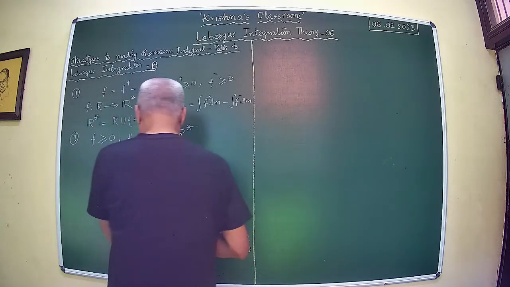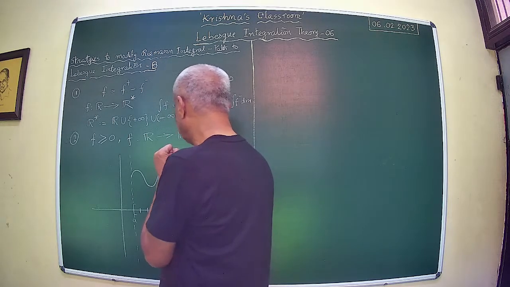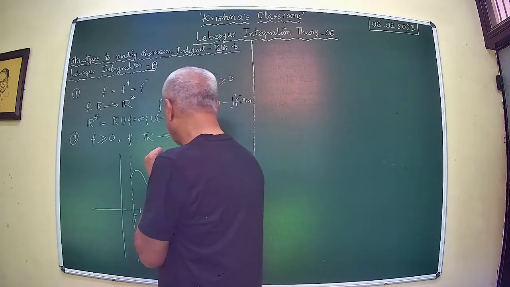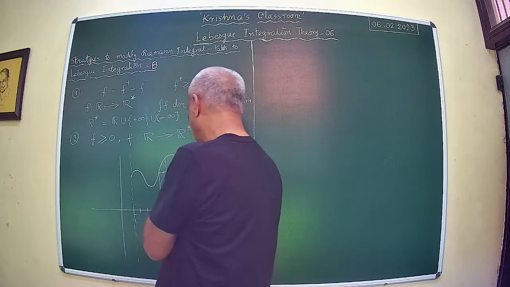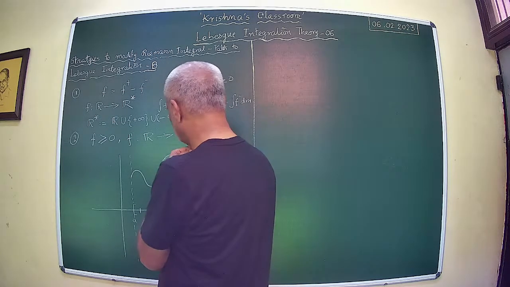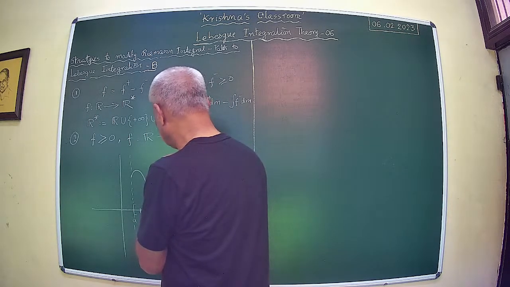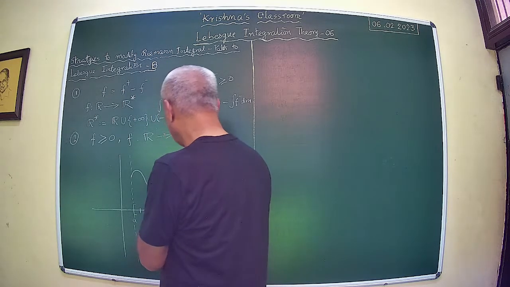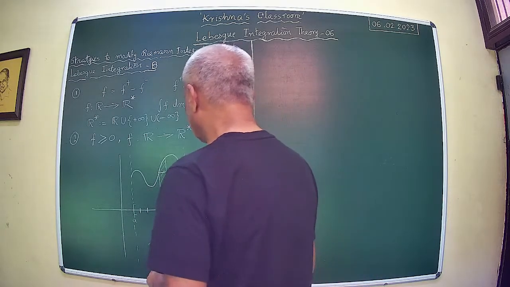Below, by taking the infimum of f on that interval and then working out the rectangle built on the interval x i minus 1 to x i with height m i, which is the minimum or the infimum of f on this interval.